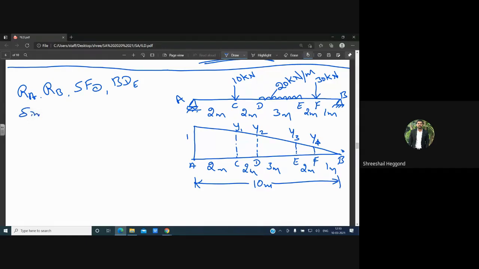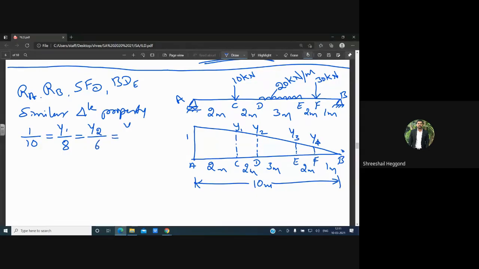Unity divided by the total span of 10 is equal to y1 divided by the remaining span, 2 plus 3 plus 2 plus 1, that is 8, and that is equal to y2 divided by the remaining span, 3 plus 2 plus 1, that is 6.